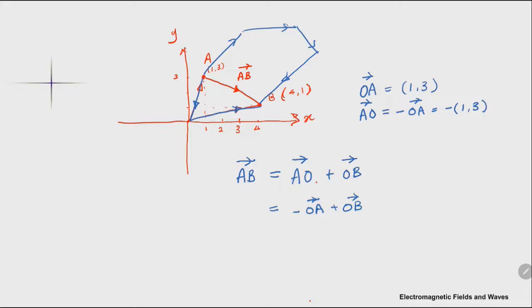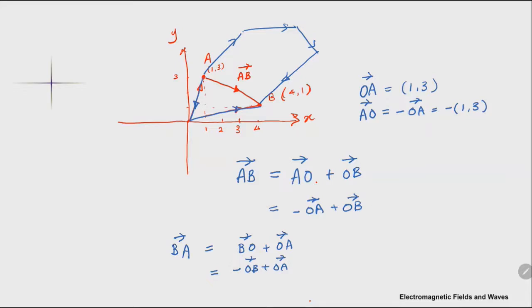If I reverse it, I want the vector B to A, then it has to go from B to O plus O to A. So in terms of position vectors, this will be minus OB plus OA.